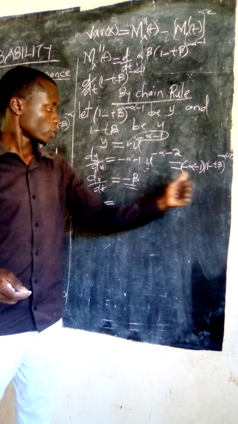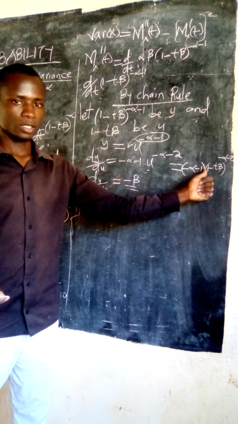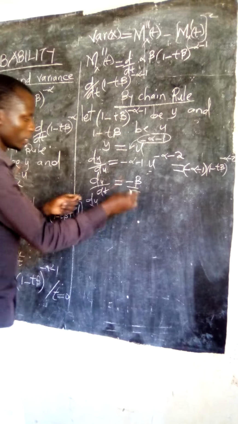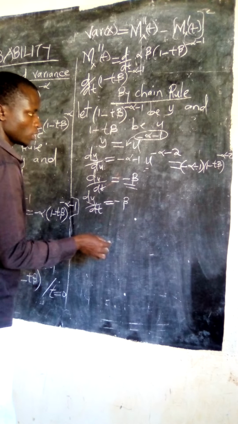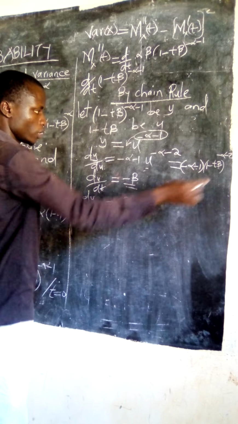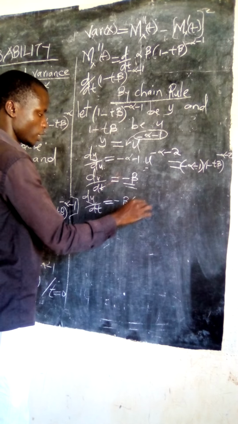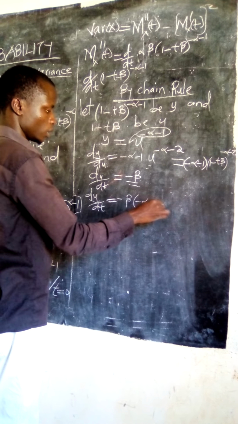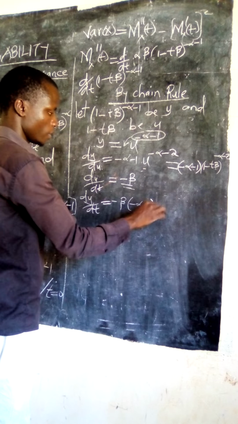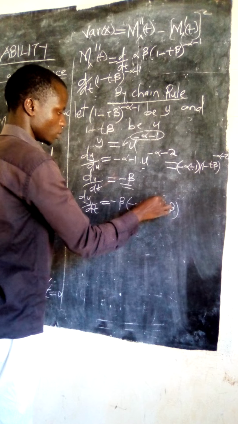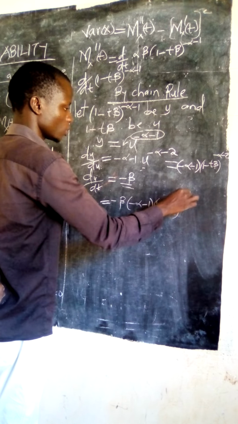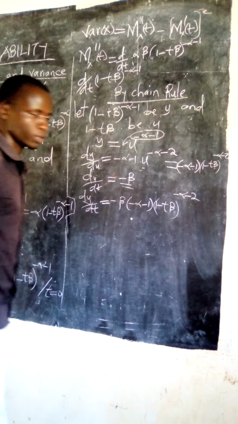When you take that, probably you will end up with negative β t^(β-1) into the whole of the content, that is (negative alpha minus 1) times (1 - t^β), the whole raised to negative alpha minus 2. That is it.